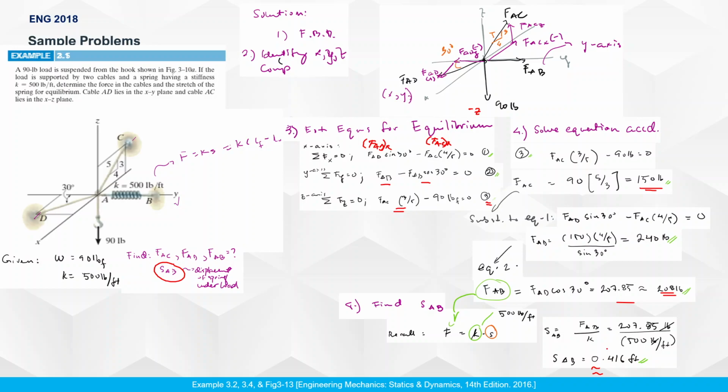So that's about 4.99 inches or 5 inches of displacement. In this case, it's positive, so that's 5 inches of elongation to maintain equilibrium, at least for that particular cable. Questions? Okay, good.